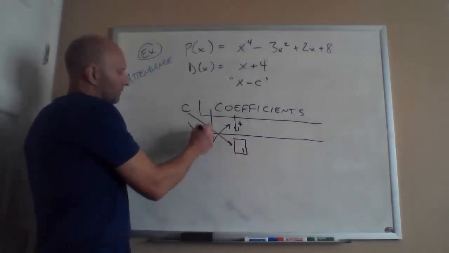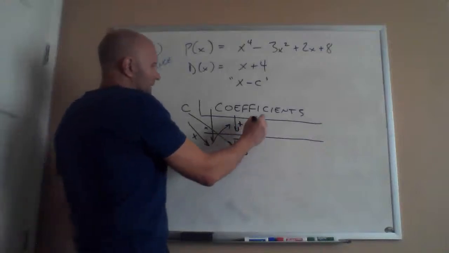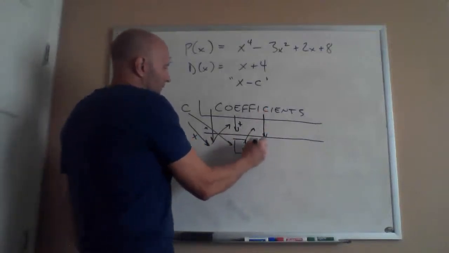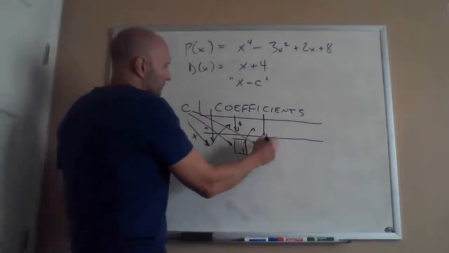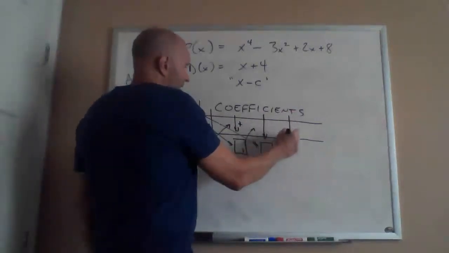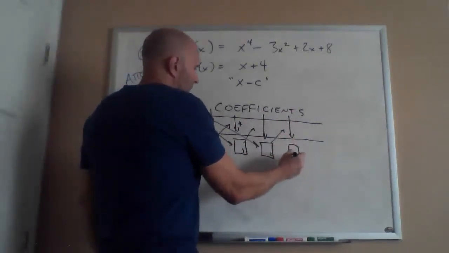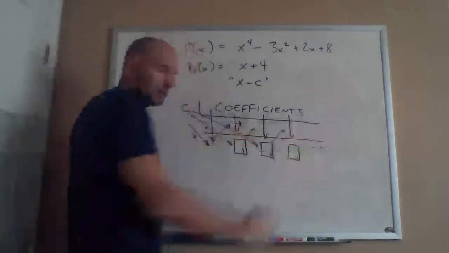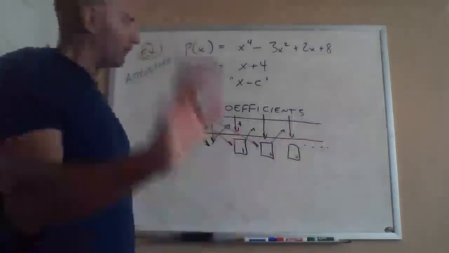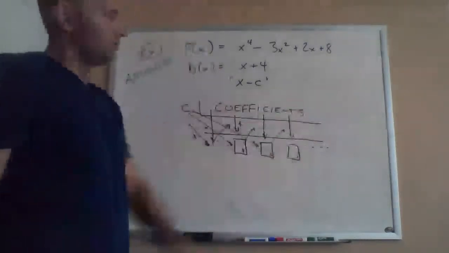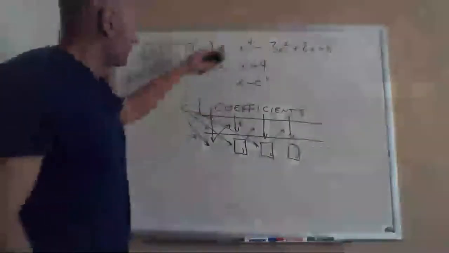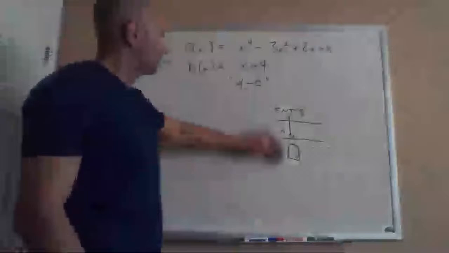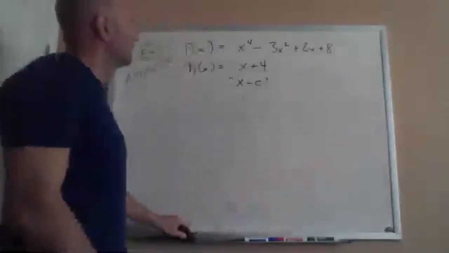Then we multiply this by c. Move that up to here. Add down. Gives us another number, 2. We just keep repeating this process. Add down another number, 3. And this continues on for as many coefficient values as we have. That's the process.